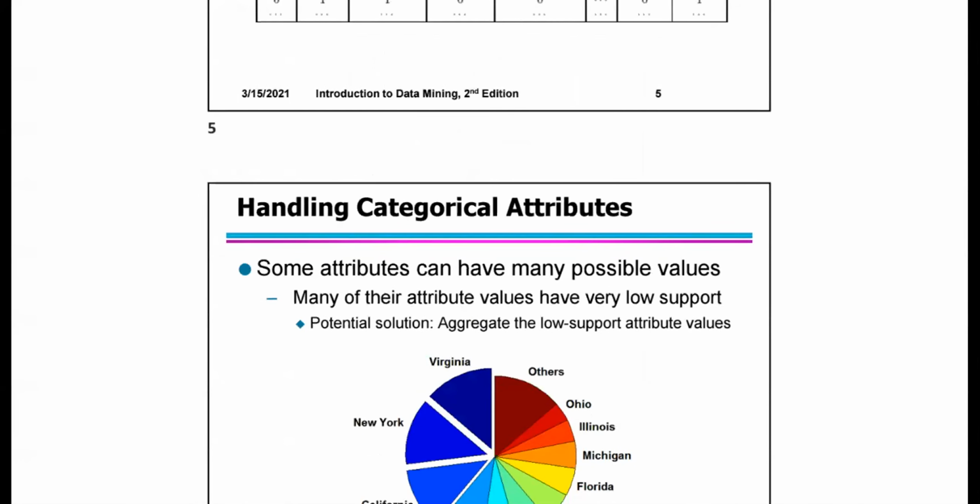Some attribute values have considerably higher frequencies than others. For example, suppose 85% of survey participants own a home computer. By creating a binary item for each attribute value that appears frequently in the data, we may generate many redundant patterns. For example, computer at home.